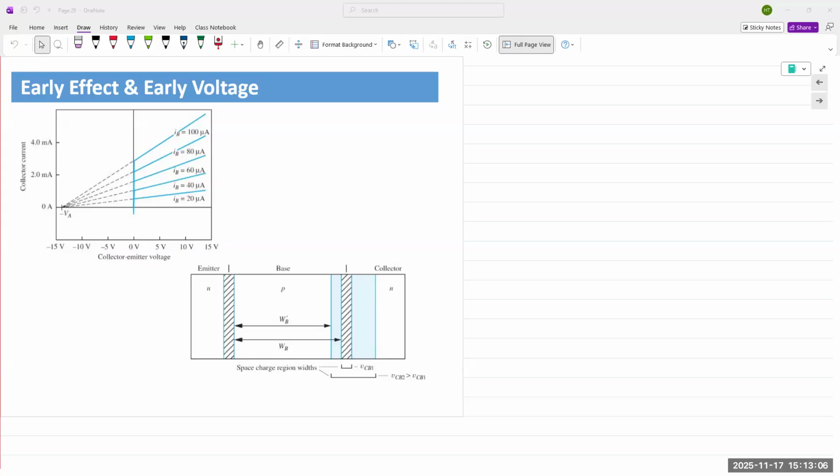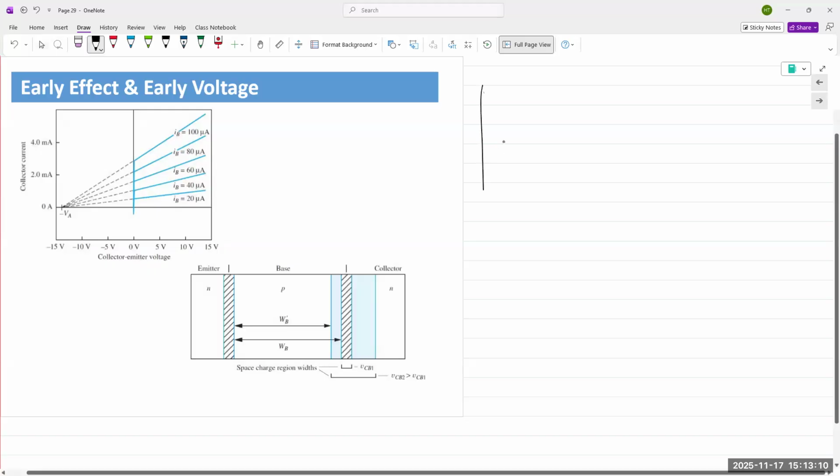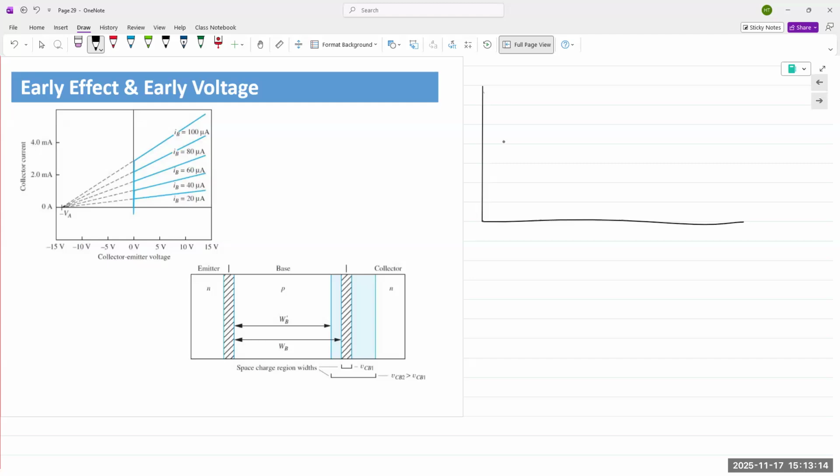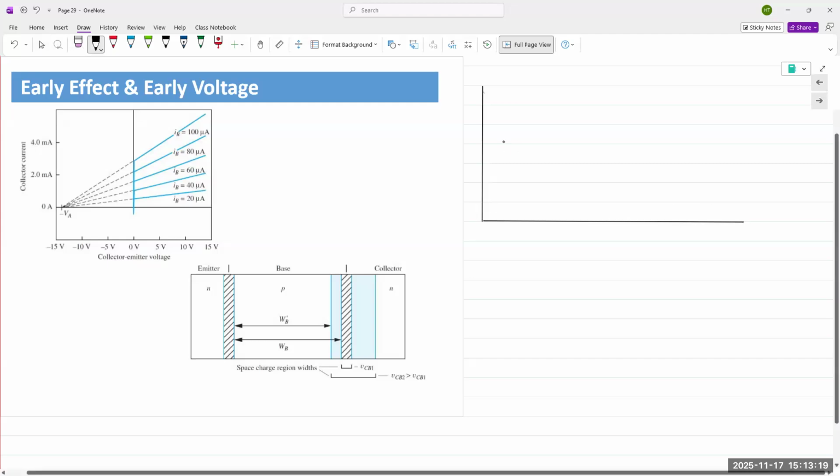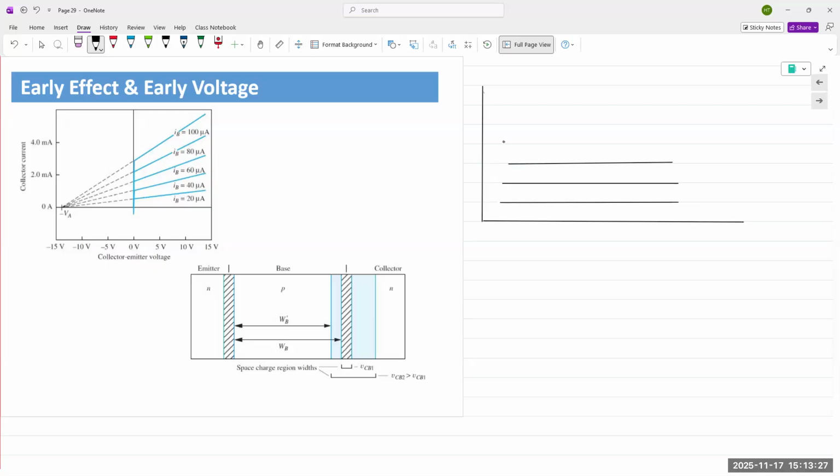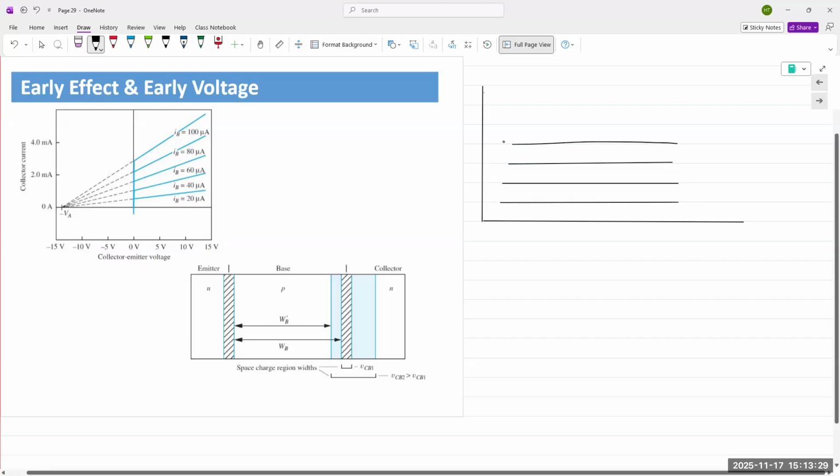Okay. On the output characteristic, we like to state that they are flat lines, right? So we said as VCE increases, IC remains constant. Was this truly the case when you obtained your characteristic curves?